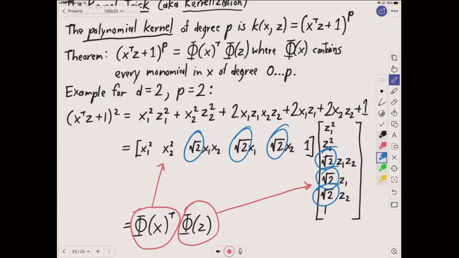But they don't really matter because the algorithm can compensate for those just by scaling the primal weights. Even though we're not explicitly computing the primal weights, we're just implicitly computing them, the algorithm can nevertheless adjust itself to make up for those. So the fact that we have some constants in there doesn't really matter. This is still going to allow us to do polynomial interpolation of general degree polynomials.